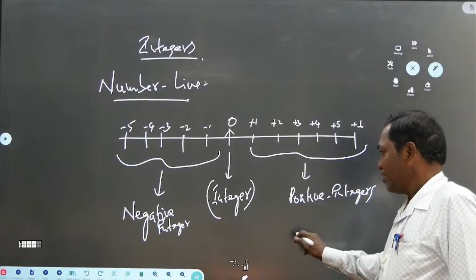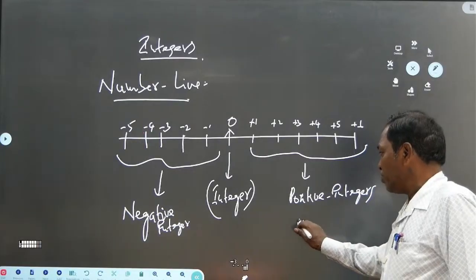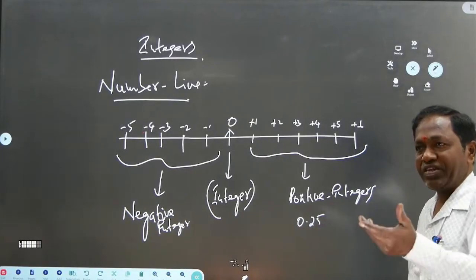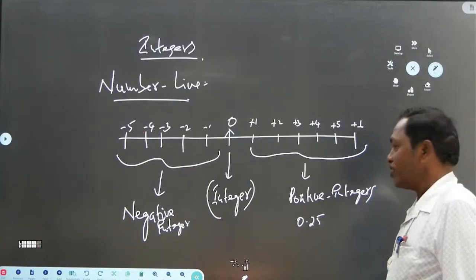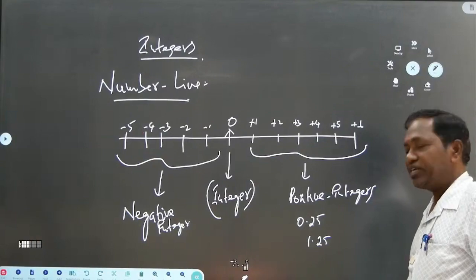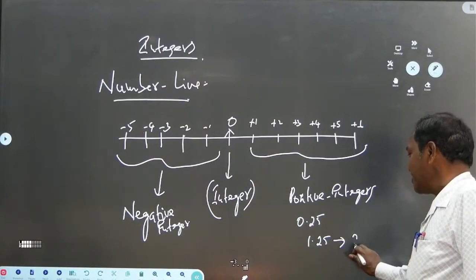For example, 0.25% punishment mark, negative marking, means if there are 5 errors, the total is 1.25. They don't take 1.25; they go to the next integer.